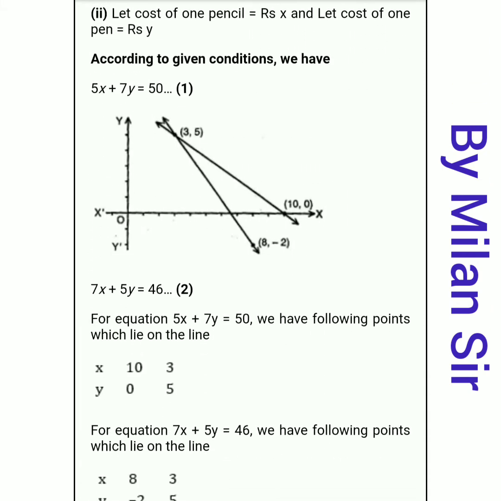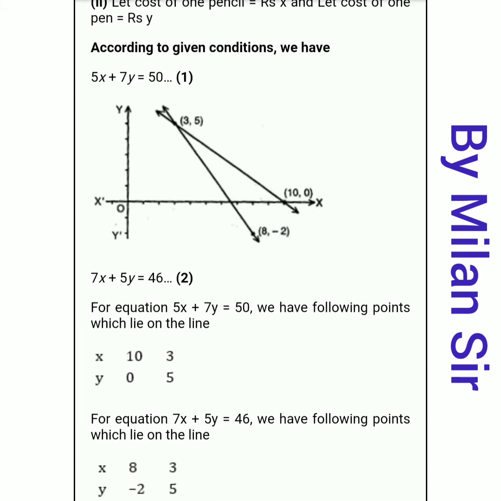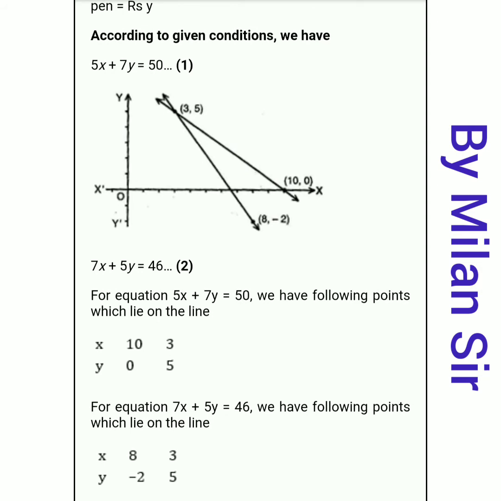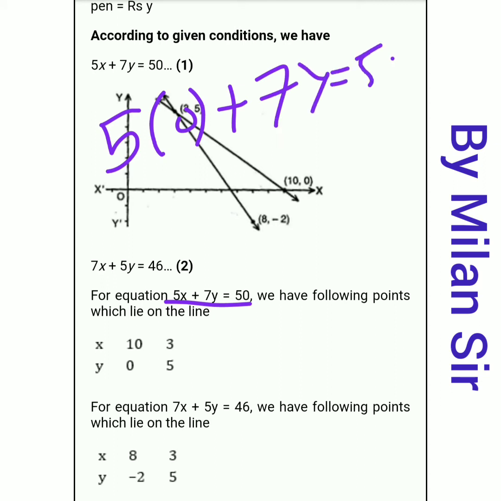So here you can see our two equations: 5x plus 7y is equal to 50 and 7x plus 5y is equal to 46. Now just consider the first equation, 5x plus 7y is equal to 50. Okay, now put the value x is equal to 0. In place of x it is 0 plus 7y is equal to 50.